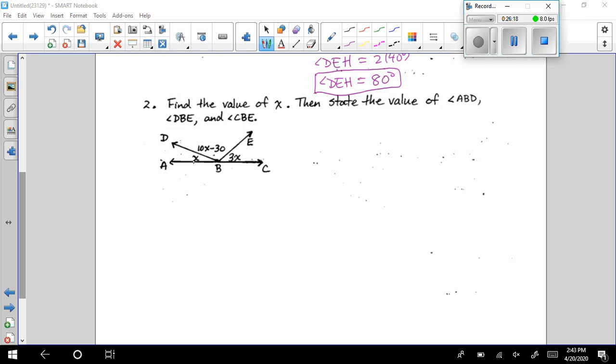Angle ABD is this one with an x. Angle DBE is the one that has 10x minus 30 identified as its size. And angle CBE is the one with the 3x. So let's use supplementary angle theorem first to figure out what the value of x is.